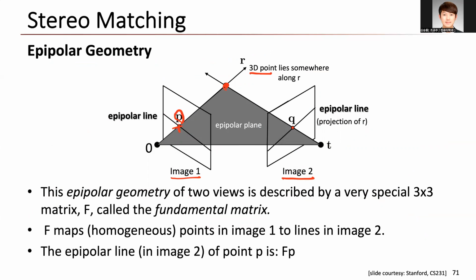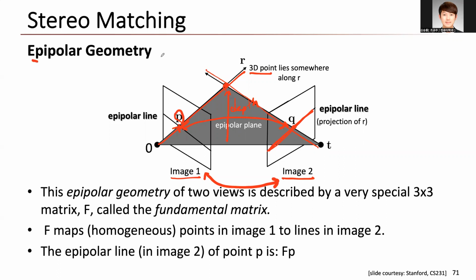The epipolar constraint means that if we search along this line in the input image 2, we find the same point. Then by considering this line and this line, we can find the depth of this point, or the 3D position, by only considering the left image and the right image.